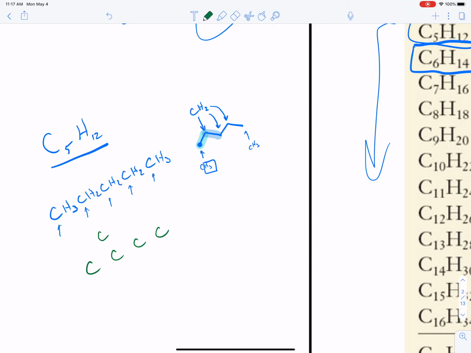What if I put a C up here? So it's kind of like I'm taking this one and I'm moving this one right there. Okay? So whenever I do that, that means this C that's up here is a CH3 because it's an end. This one's a CH3 because it's an end. This one's a CH3 because it's an end.